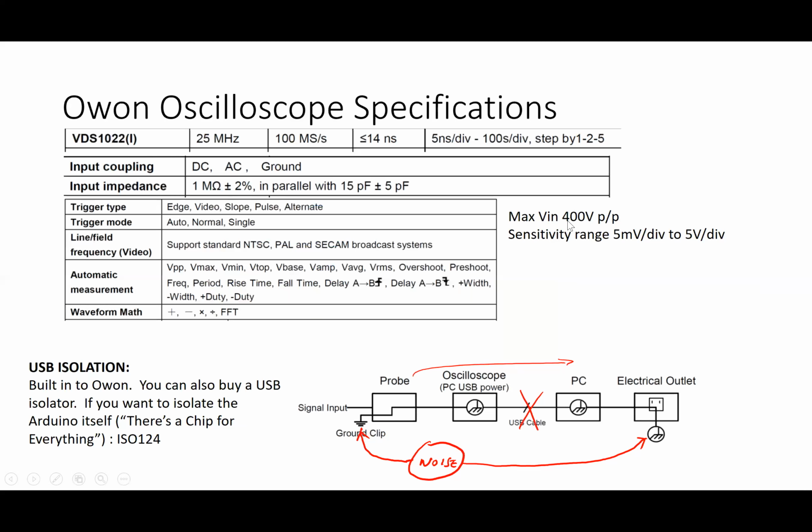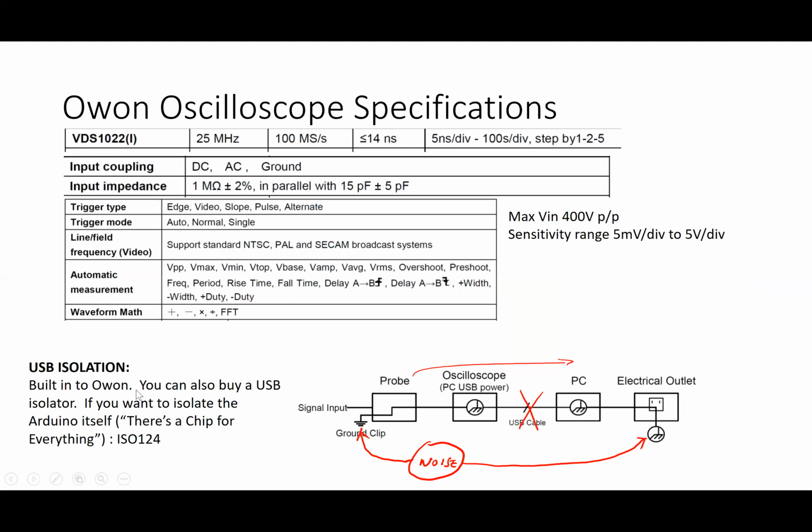The maximum voltage you can put into this is 400 volts peak to peak, and you can change the sensitivity from 5 millivolts per division all the way up to 5 volts per division. That's the vertical sensitivity. The horizontal sensitivity goes all the way from 5 nanoseconds per division to 100 seconds per division. So you can look at an enormous range of timescales.